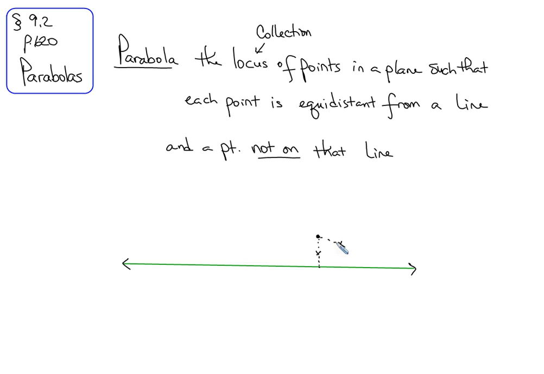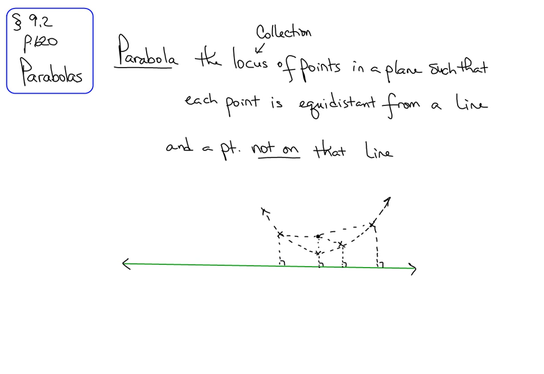Somewhere over here we have a point where this distance is the same as this distance. Remember, distance to a line has to be perpendicular. Somewhere over here we have a point where this distance is congruent to this distance. Somewhere over here we have one where this is congruent to this. You guys get the idea? And what happens is when you string all those points together, you end up with a parabola.